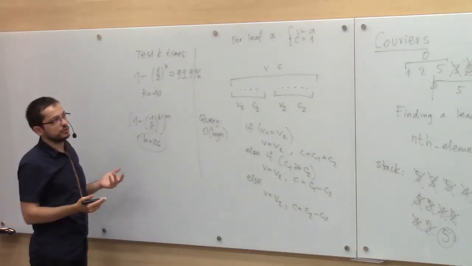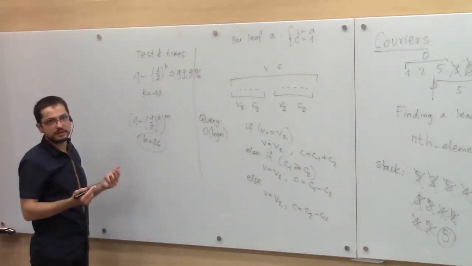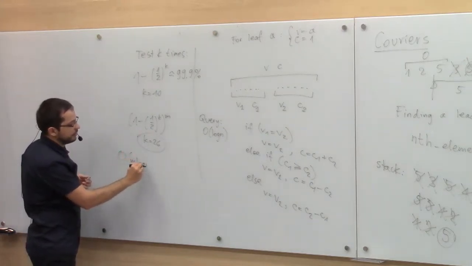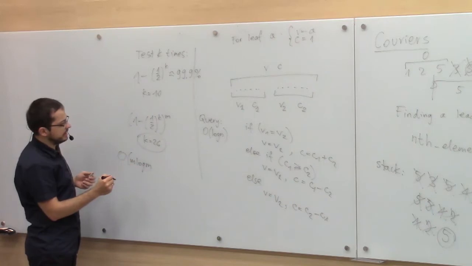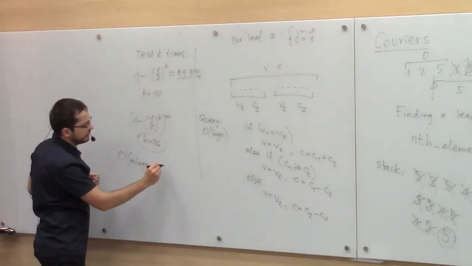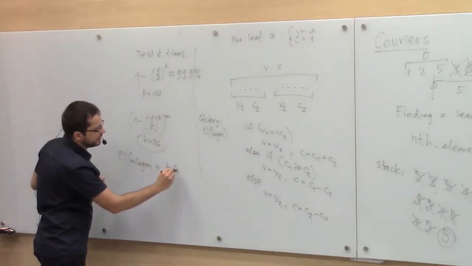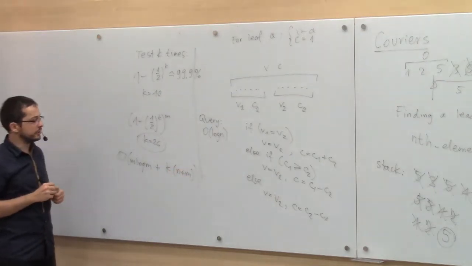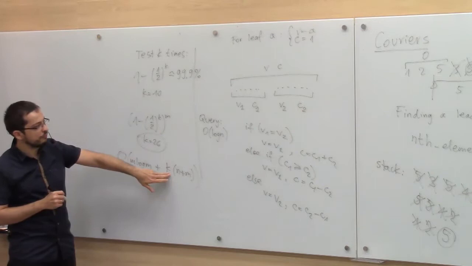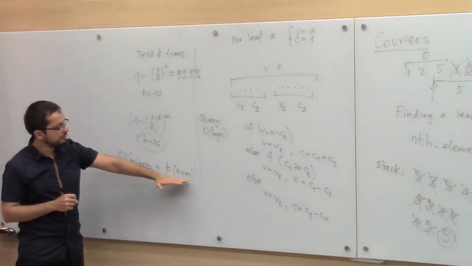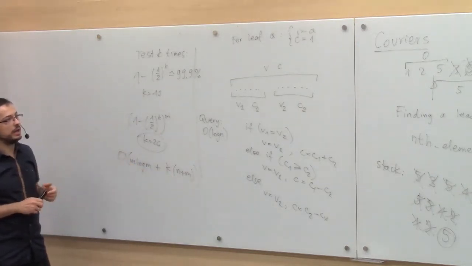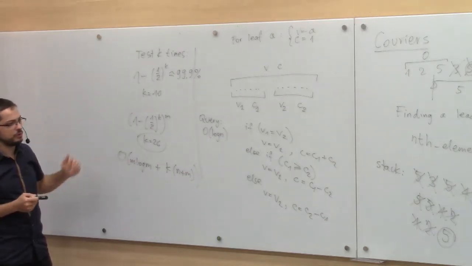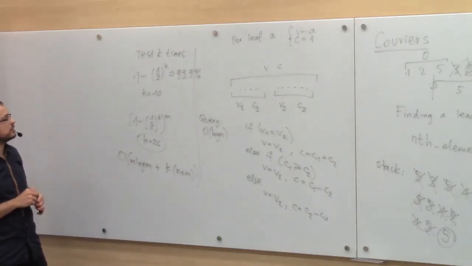And you only sort the ranges once, so the total complexity will be m log m from sorting the ranges, and then you have k times n plus m for answering the queries, because you have k passes over the sequence, and you have n plus m time for one pass. And this should be accepted.